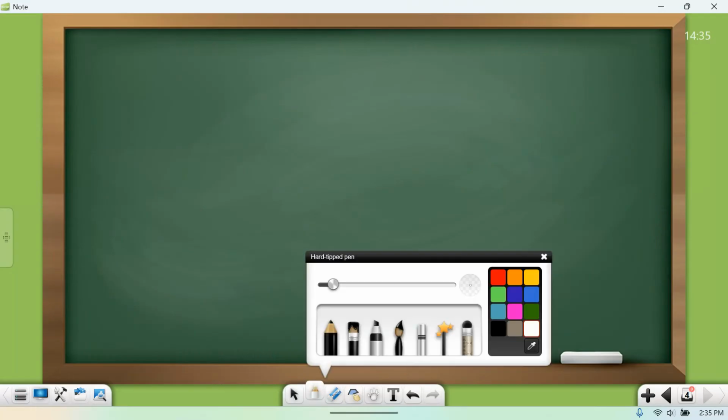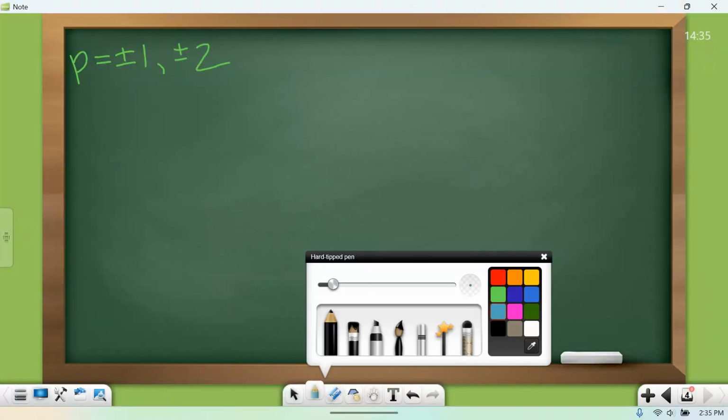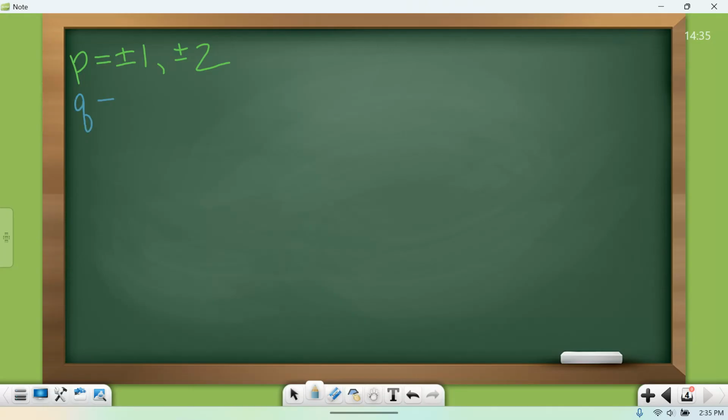So here's my P and Q. I have +, -1, +, -2 on top, right, for my P values. And for my Q values on the bottom, I have +, -1, +, -3. Here's how you can save time for your factors. Basically, +, -1 is going to be on +, -1.